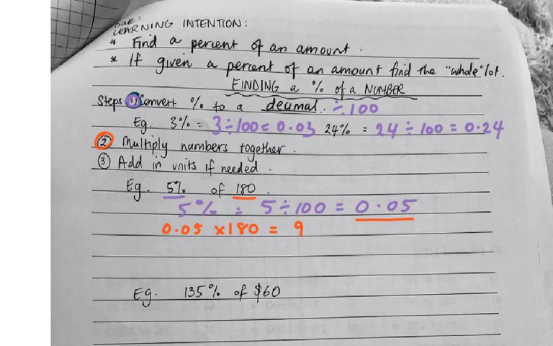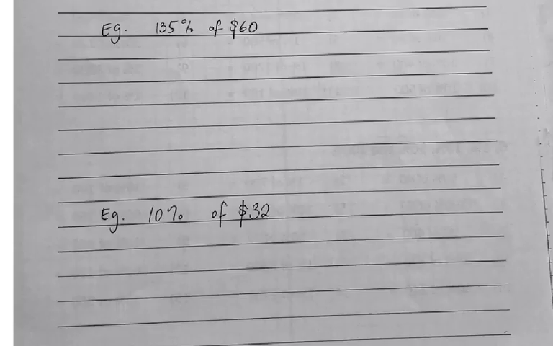Let's go through another example. So this time I'm looking at 135% of $60. So my first step is to convert my percentage into a decimal. So I'm going to do 135 divided by 100.